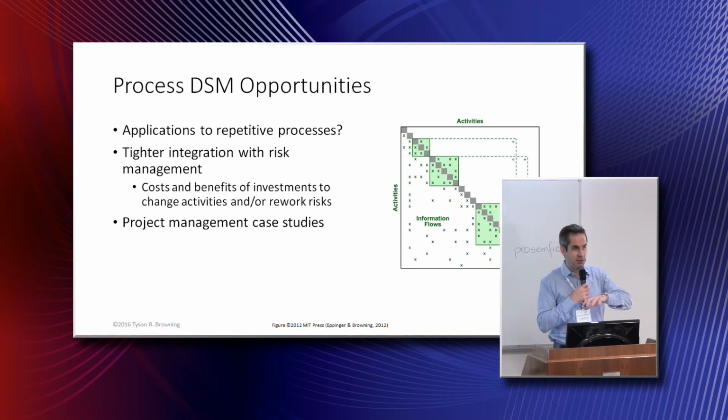It's ironic to me that most DSM research is focused more on process DSMs, but there has been much less traction, much less penetration into the project management community with DSM. Even though there have been some notable cases of it, you won't find DSM in the project management body of knowledge, PMBOK guide. You won't find it in most project management textbooks.